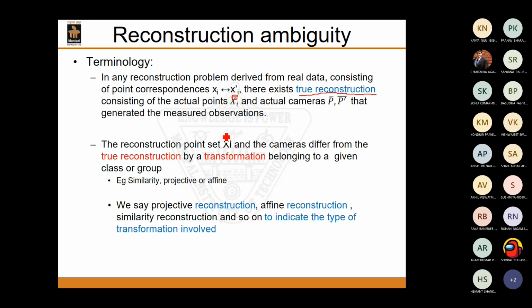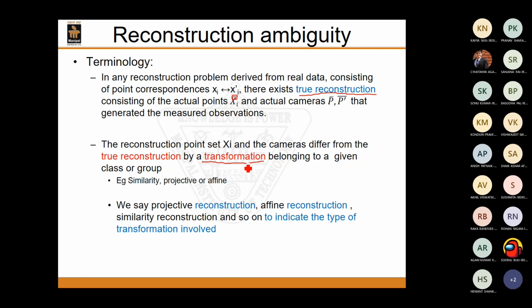But when we try to reconstruct it, we may not get the true reconstruction. We may get some reconstruction which is related by a transformation, and this transformation may be a similarity transformation if it is a calibrated camera view, or it may be a projective transformation with respect to the uncalibrated camera views, right?